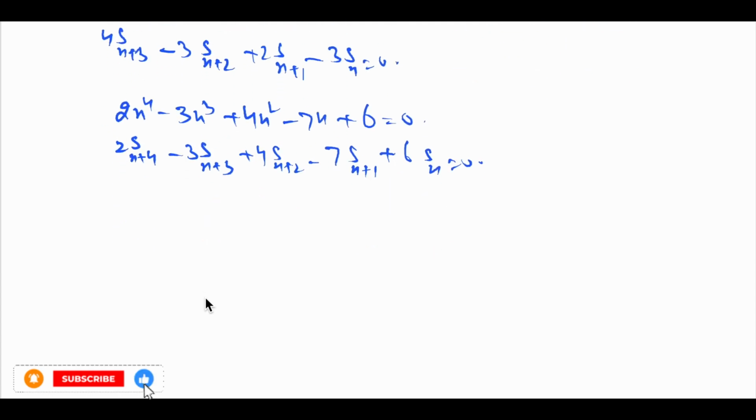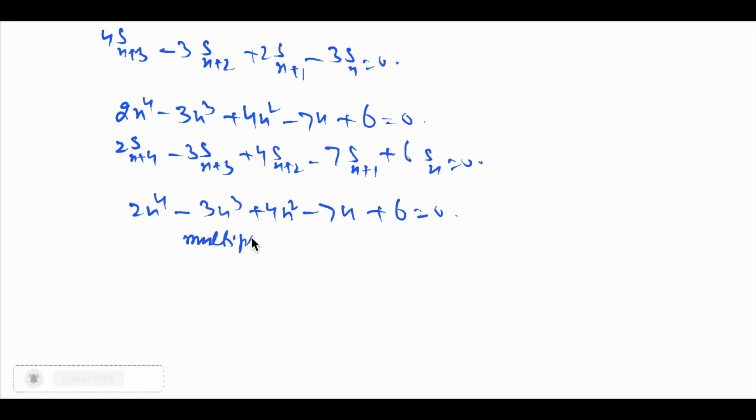Suppose I have to prove this, the equation 2x power 4 minus 3x cubed plus 4x squared minus 7x plus 6 is equal to 0. I can multiply all terms by x power n.